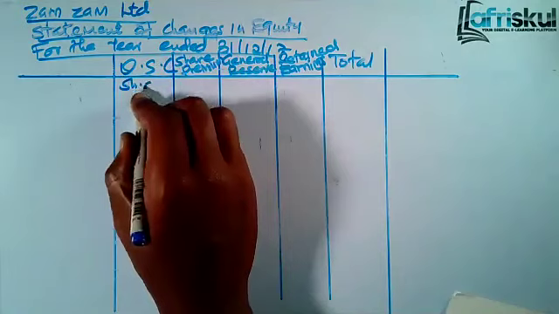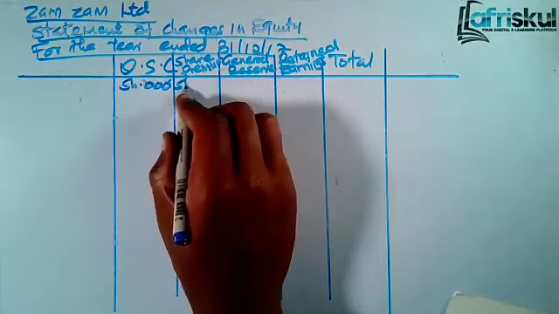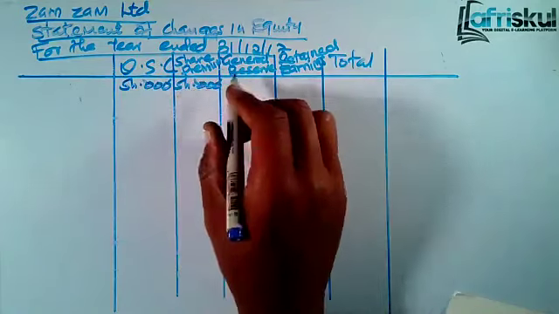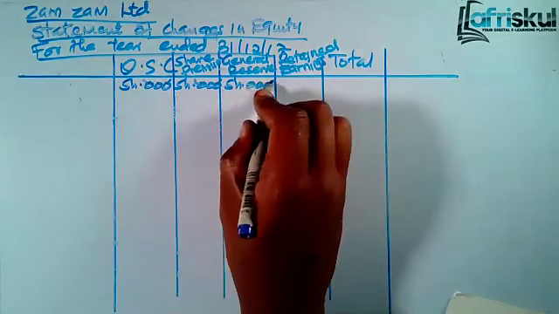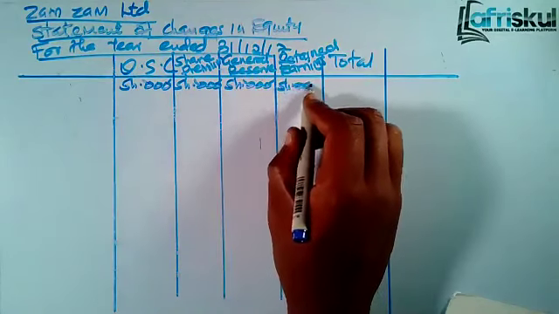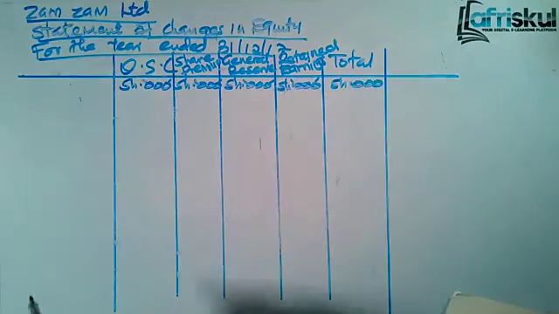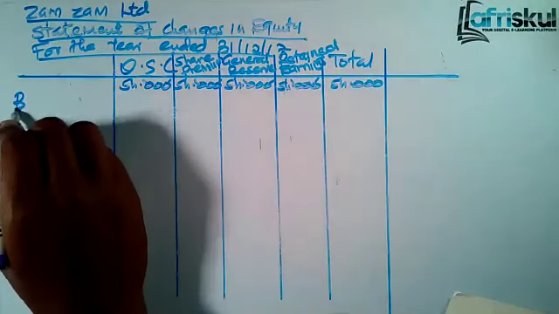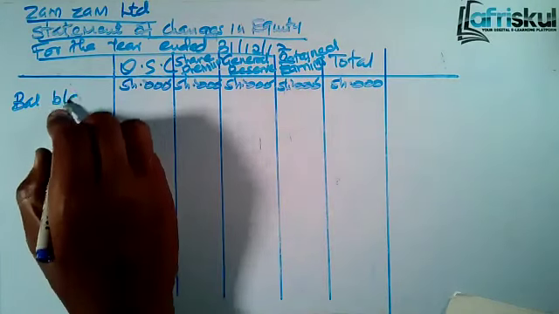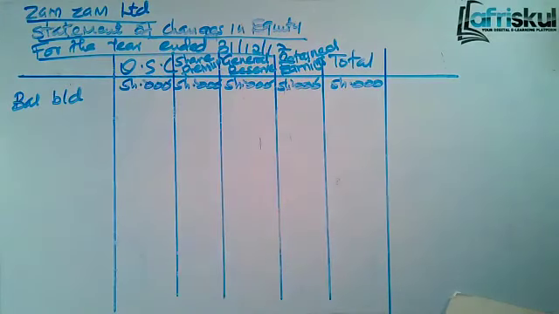So remember, always shillings are in thousands. It is also important to indicate them here: shillings in thousand. So in that case, what we begin with is the balance brought down, which is what ends on the trial balance.